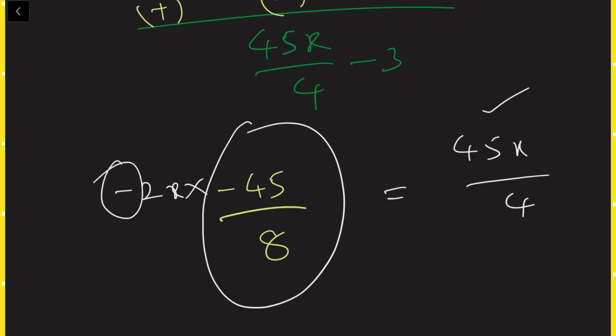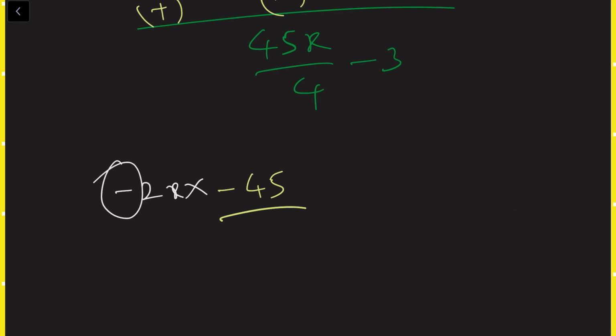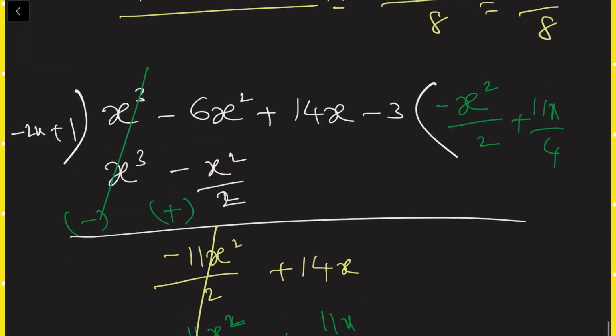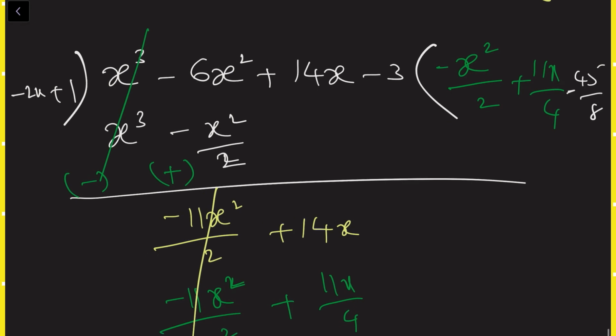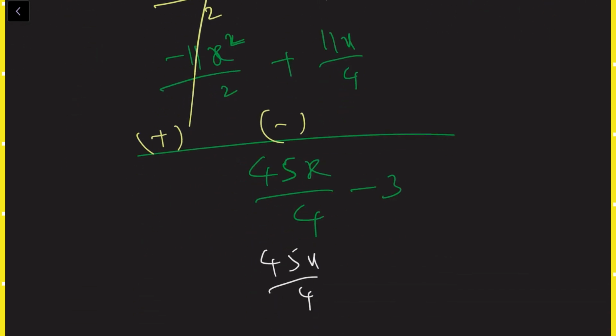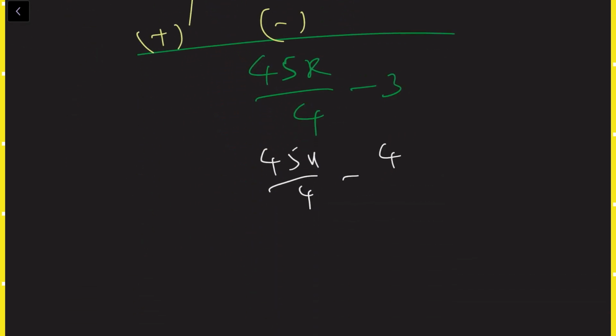Divided by 8, since 2 4s are 8 it will come. So it should be multiplied by minus 45 by 8. Minus 45 by 8.